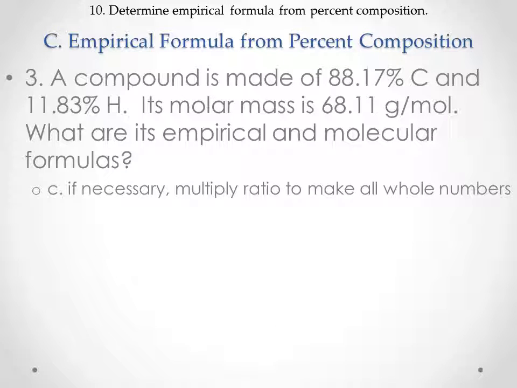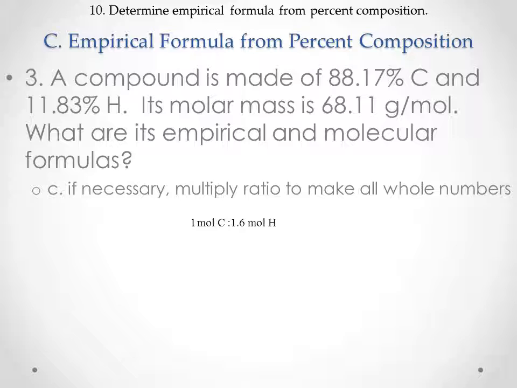Next step, if necessary, multiply this ratio to make only whole numbers. Well, it is necessary here because you'll notice we don't have whole numbers. So we need to ask ourselves, what number can I multiply this ratio by to make both of those numbers whole numbers? The easiest way to think about this is to look at your fraction or decimal. 1.6 would be 1 3/5, where the denominator in that fraction is 5.